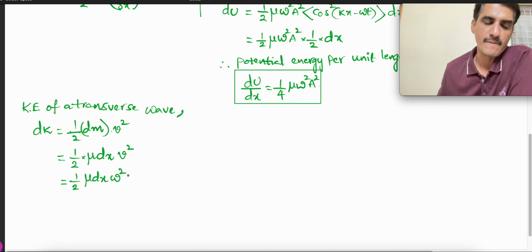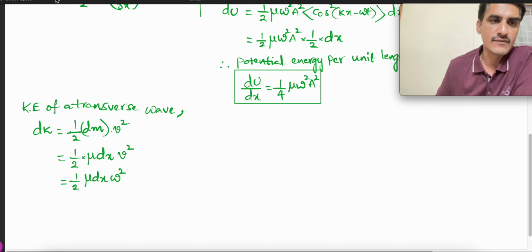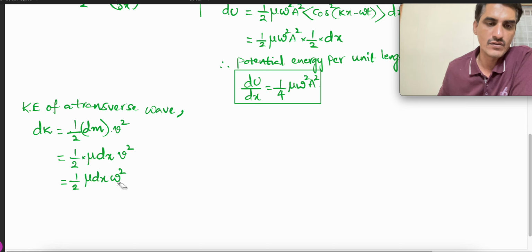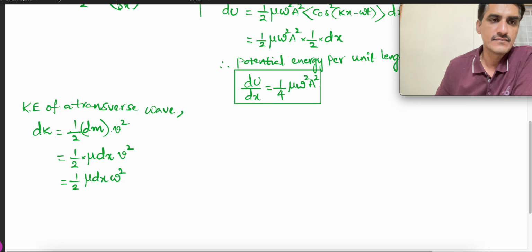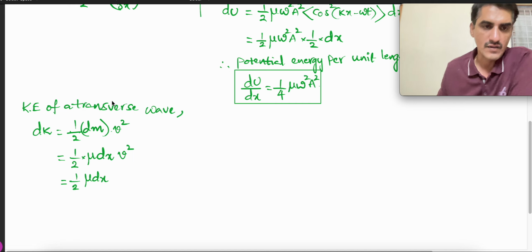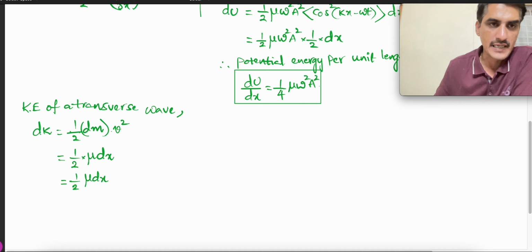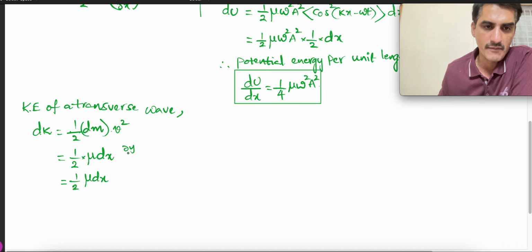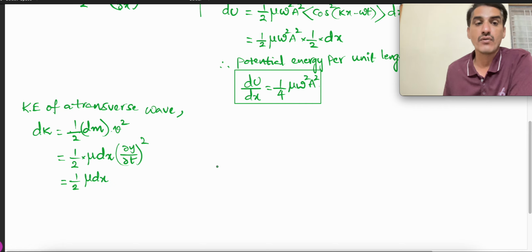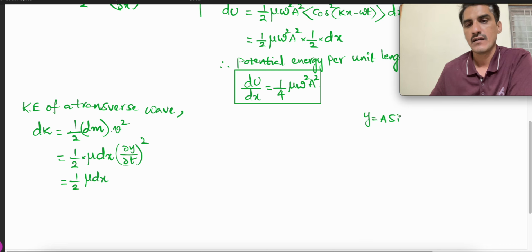Let us first write what v square means, because you may not understand this. Instead of v square, observe carefully, we write dou y by dou t whole square, since v is that only. The wave equation we have taken is y is equal to a sine (kx minus omega t).